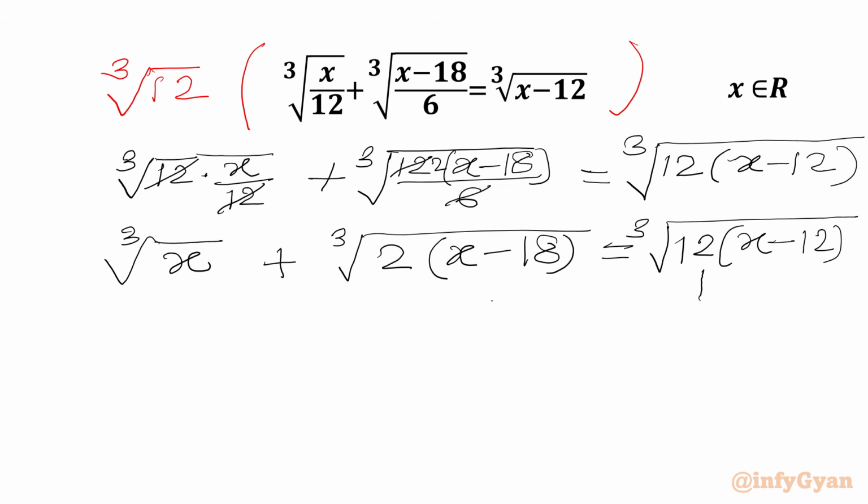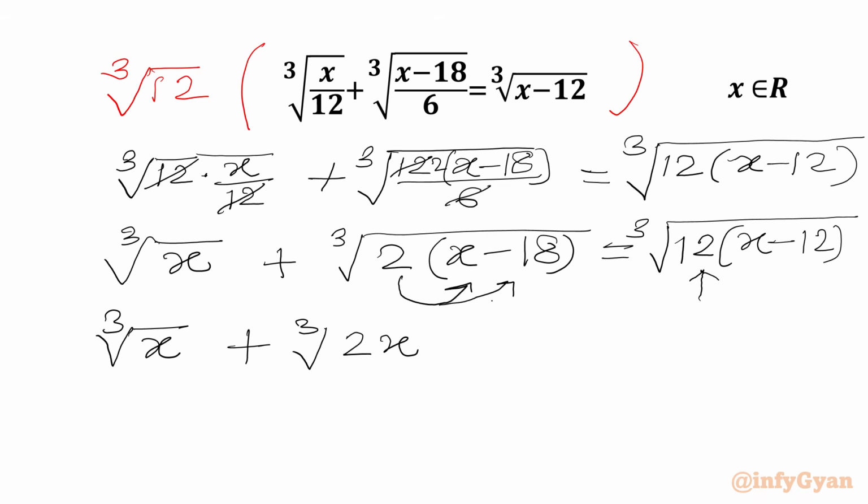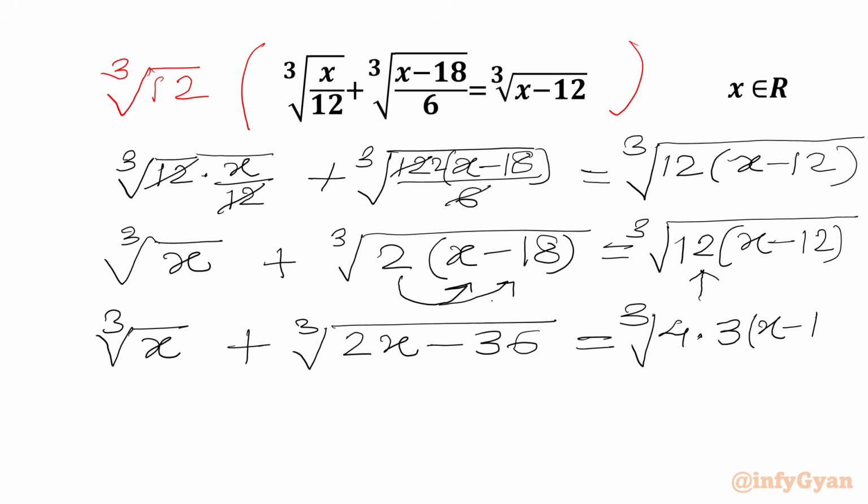Now we can factor 12 as 4 times 3 and we can multiply this 2 with both the terms in the bracket and write cube root of x plus cube root of 2x minus 36 equal to cube root of 4 times 3, we have x minus 12.